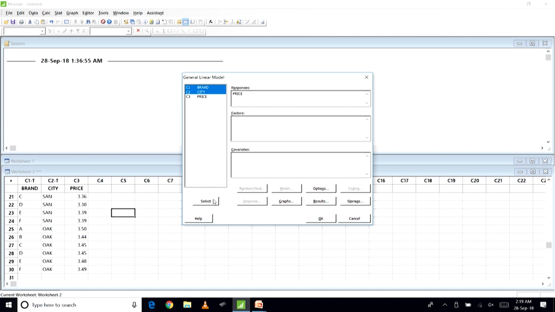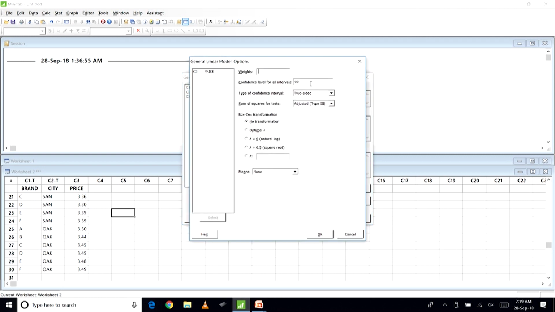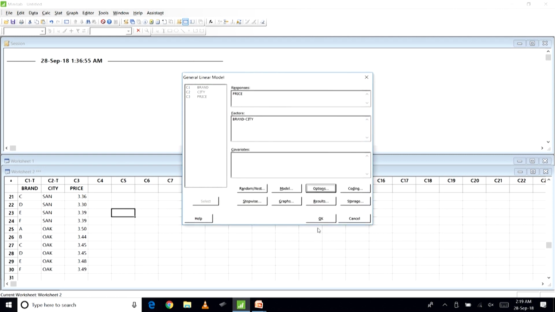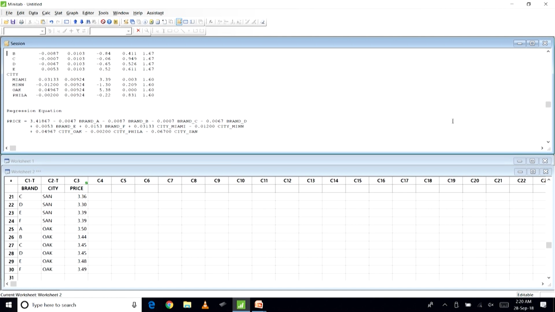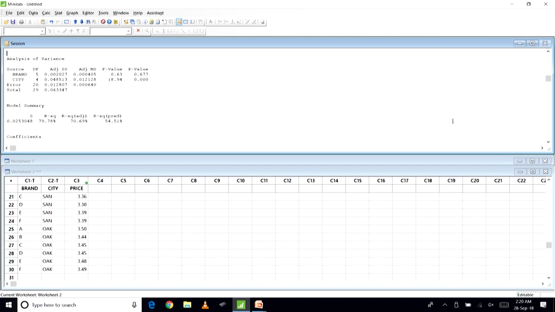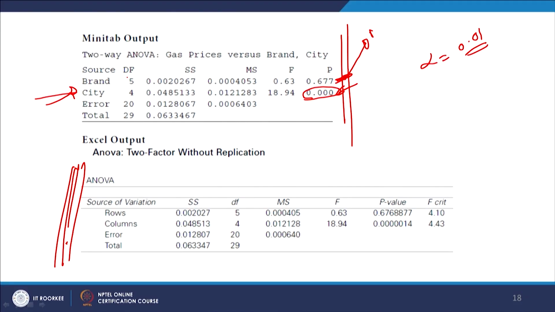Select. You need to look at the confidence level, it is correct, it is 0.99 or 99%. So, we will click OK. We will go to the ANOVA table, and see what the values of P are, right. Look at this, the same answer I had shown in the slide.